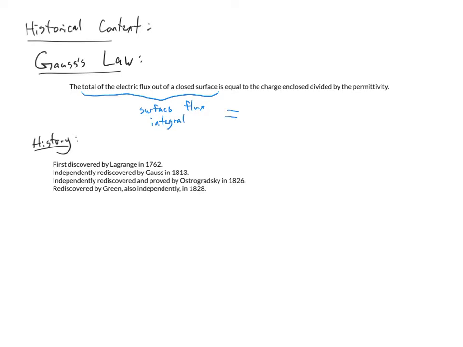And then that's equal to the charge enclosed divided by the permittivity. The permittivity is some sort of property of the solid, and the charge enclosed is some sort of integral over the region bounded by the surface.